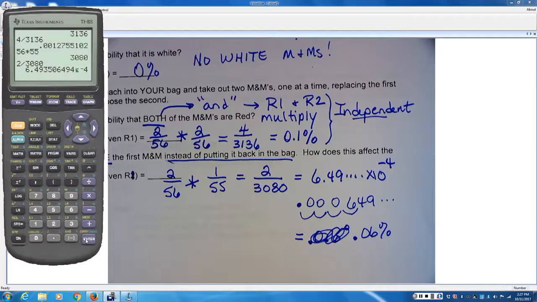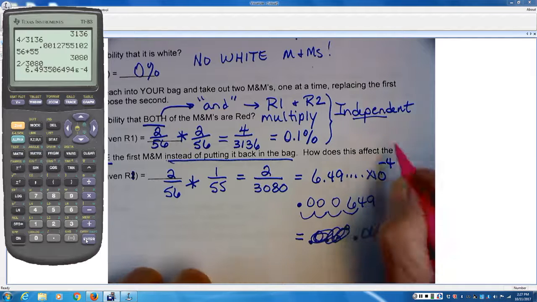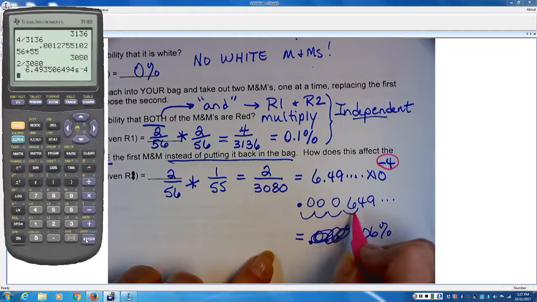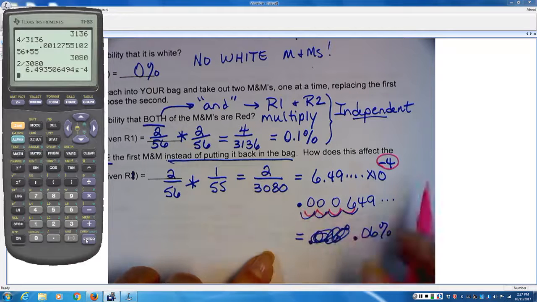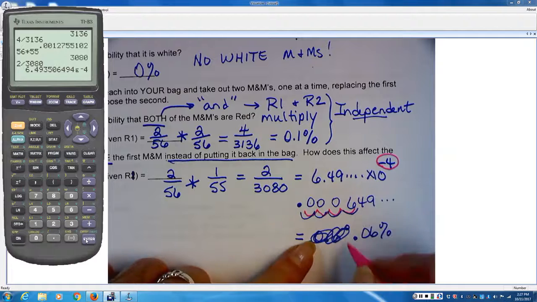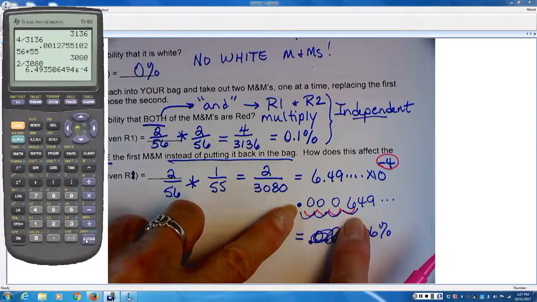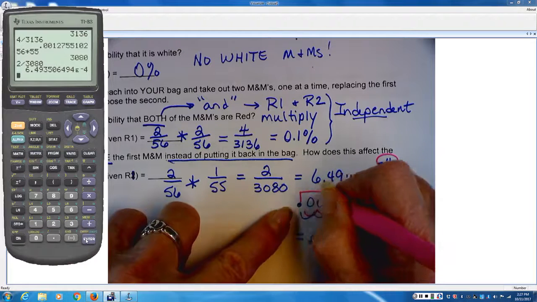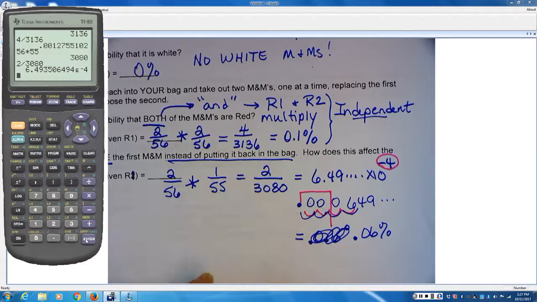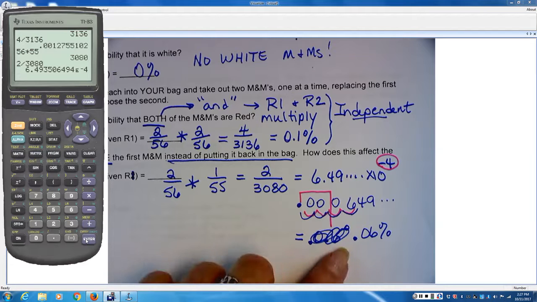Now, please be clear here. The reason that I moved 4 decimal places to the left was because of that. The reason I moved it back here is because I'm going from a decimal to a percent. So that's why the 0.06 and not, you don't leave it the other way. Okay? So way, way, way less than 1% chance.